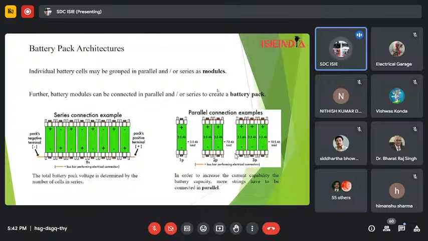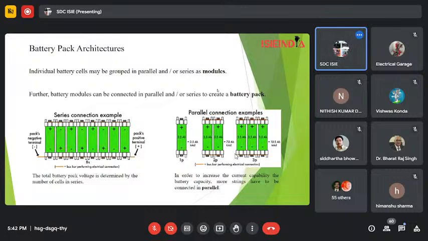The weight distribution of the vehicle will be good. Even if there is a fault in some cells, I will just replace that module, not the whole battery pack, and my vehicle is ready to go, right?